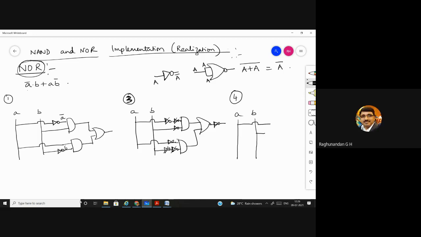Is it the same as what we are getting for the NOR gate? Same, same. So a single NOR gate can act as NOT gate also. That is the conclusion. So NOT gate we are going to replace by NOR gate by writing like this.